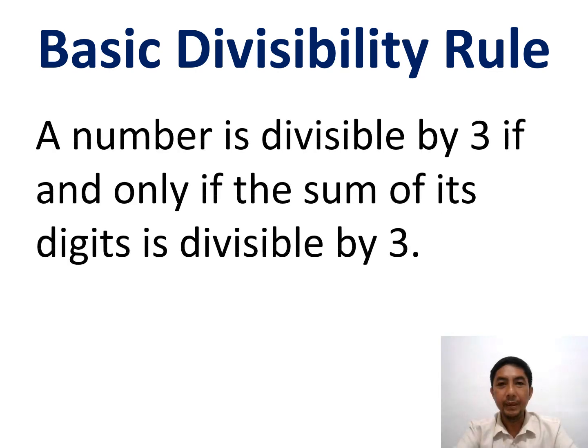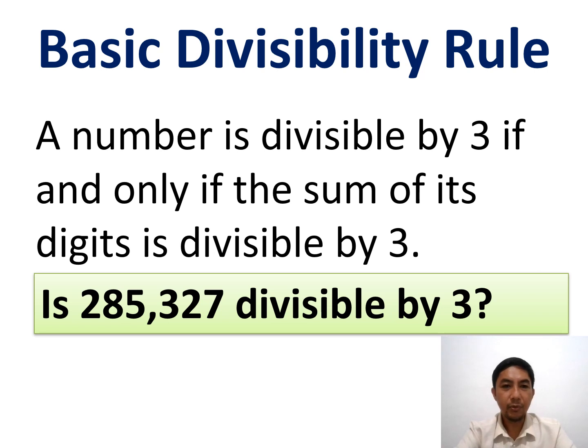Let's consider divisibility by 3. A number is divisible by 3 if and only if the sum of its digits is divisible by 3. So for example, is 285,327 divisible by 3? Let's check.